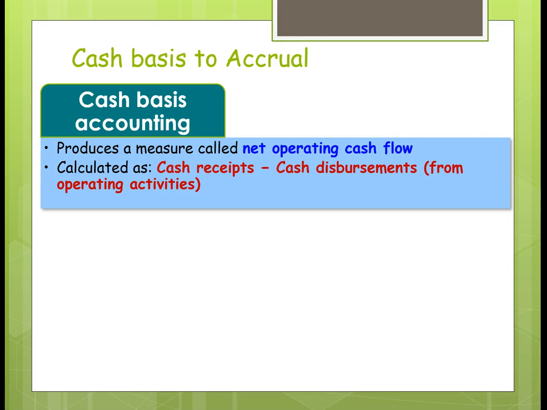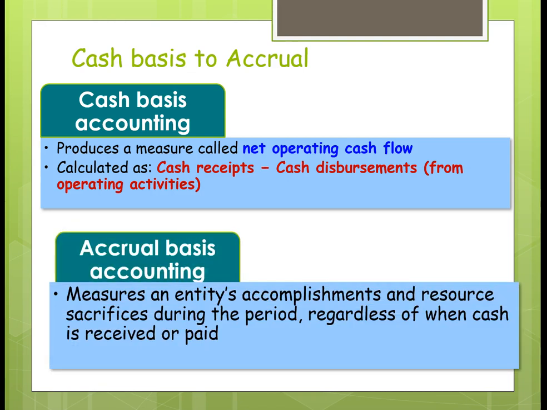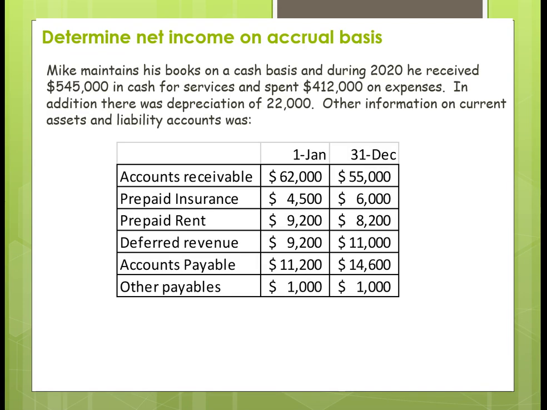But what if we start off with the cash basis, cash receipts and disbursements, and we want to go to accrual accounting? Accrual accounting measures an entity's accomplishments and resources sacrificed during the period, regardless of when the cash is received or paid.